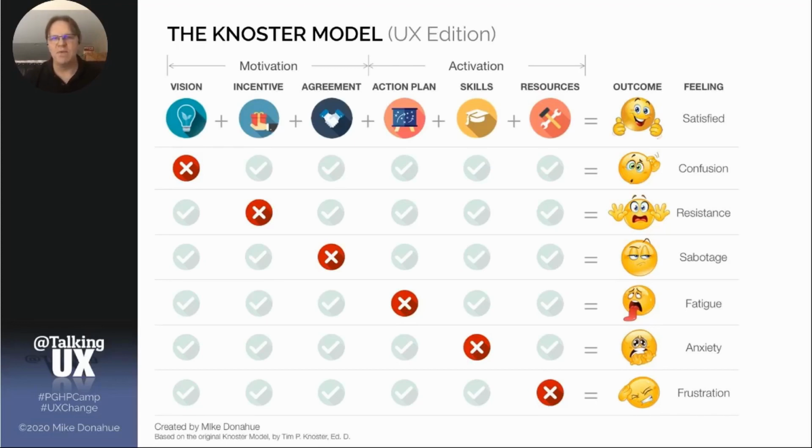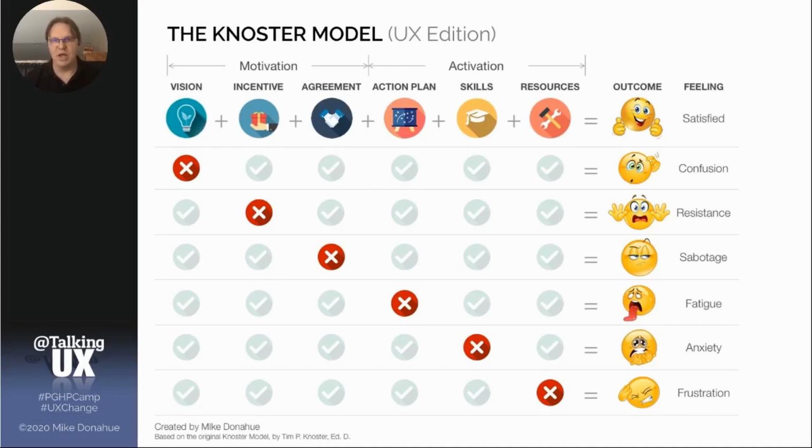The other thing that's a little different about this version of the model than the original model is that it now groups together these elements into 2 categories. The first one being motivation. This is why are people going to get involved in an experience that's going to ask them to change. The second group of elements fall into the category of activation, which is how do they make that change happen? How do we enable them to make that change happen?